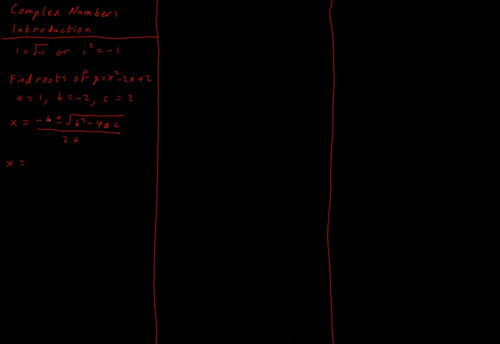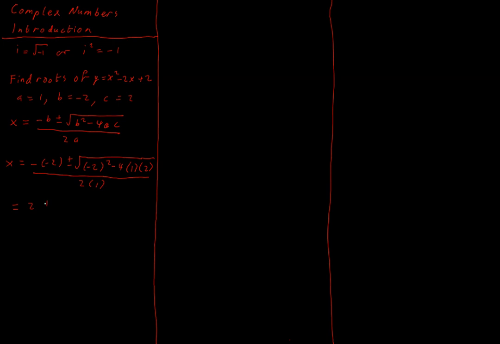Then we have x is equal to minus -2 plus or minus the square root of -2 squared minus 4 on 1 on 2, all of that divided by 2 by 1.